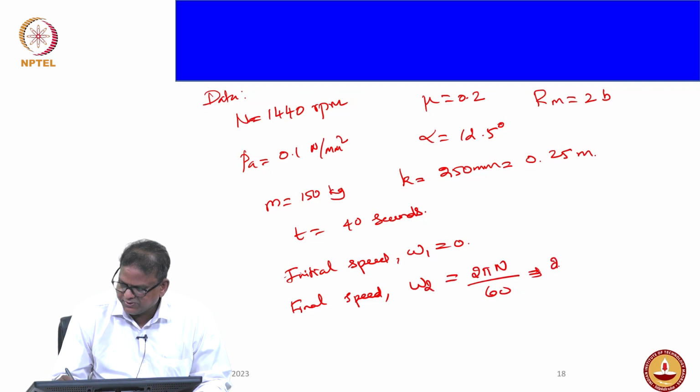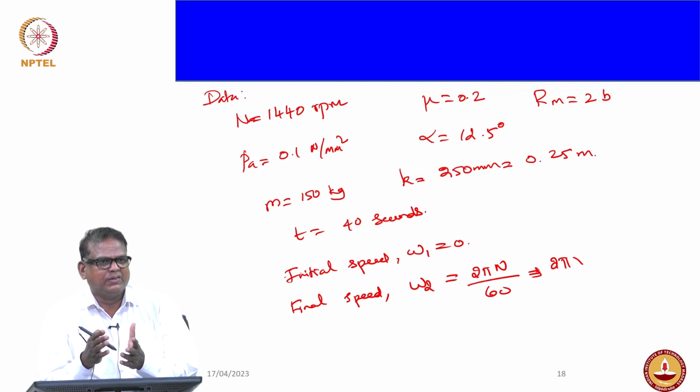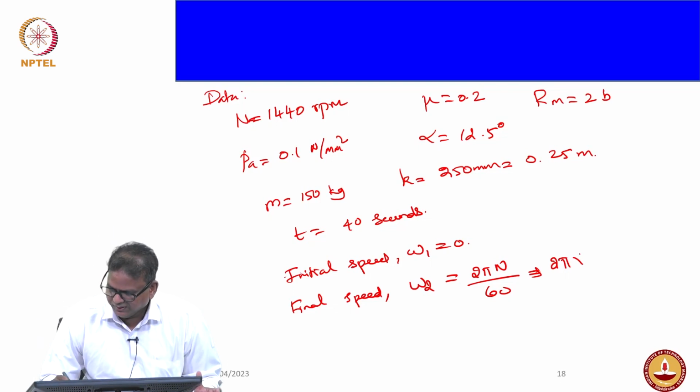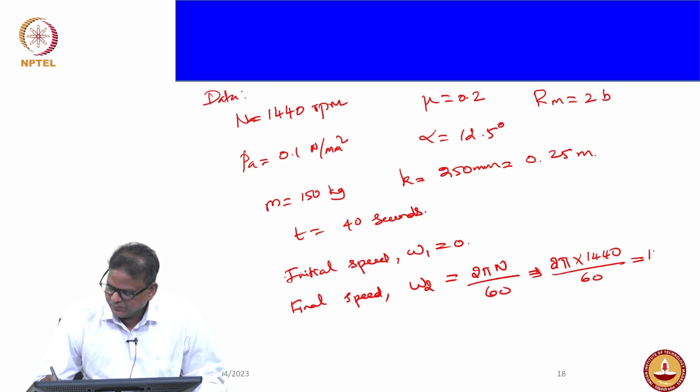This is where you have to substitute because you have to achieve 1440 rpm, that is what is clearly given. 2 pi into 1440 by 60 should give me 150.8 radian per second.